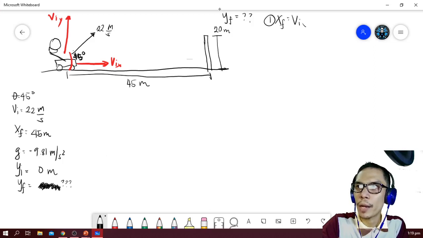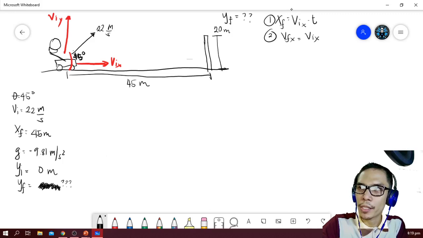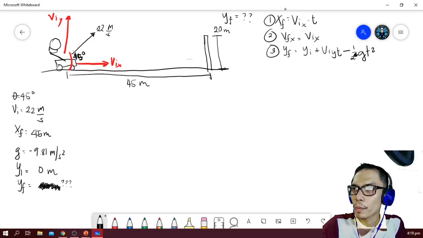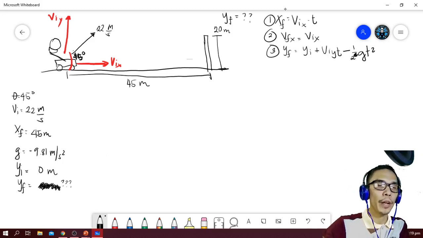So let's have number 1, x sub f is equal to v sub ix times time. Then number 2, v sub fx is equal to v sub ix. Then number 3, y sub f is equal to y sub i plus v sub iy times time minus 1/2 g t squared.